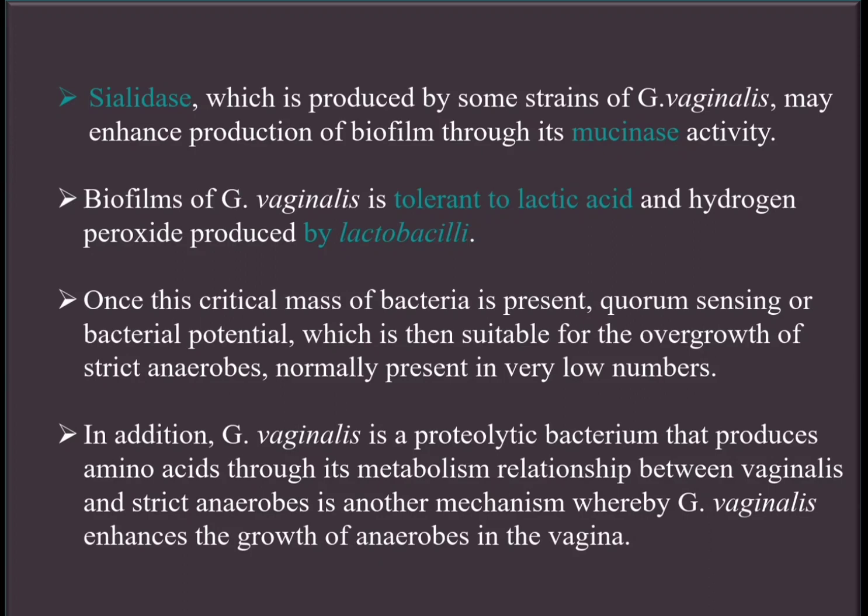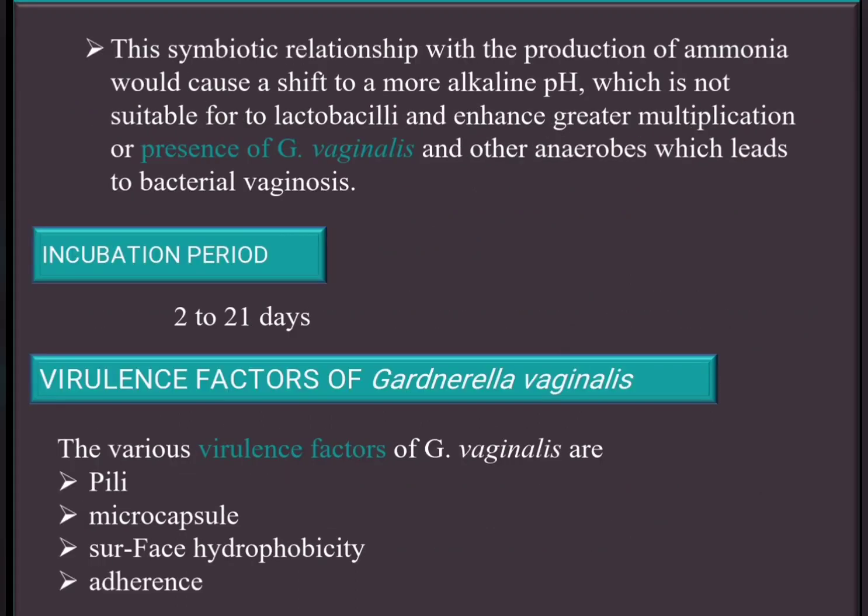The relationship between G. vaginalis and strict anaerobes is another mechanism whereby G. vaginalis enhances the growth of anaerobes in the vagina. This symbiotic relationship with the production of ammonia would cause a more alkaline pH, which is not suitable for lactobacilli, and enhances greater multiplication of G. vaginalis, which leads to bacterial vaginosis.